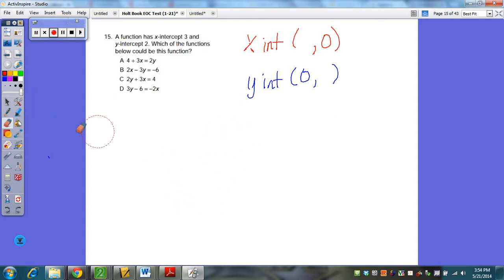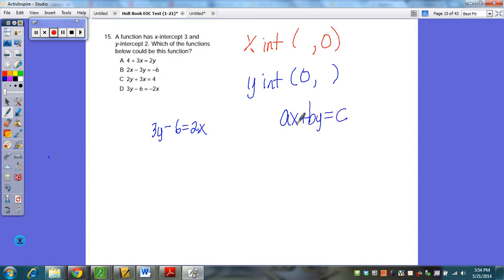Okay? So looking back at the answers here for a second, one that's going to have the x-intercept, if we look at D for a second, we have 3y minus 6 equals 2x. Well, if I put this in standard form, by the way, is ax plus by equals c.